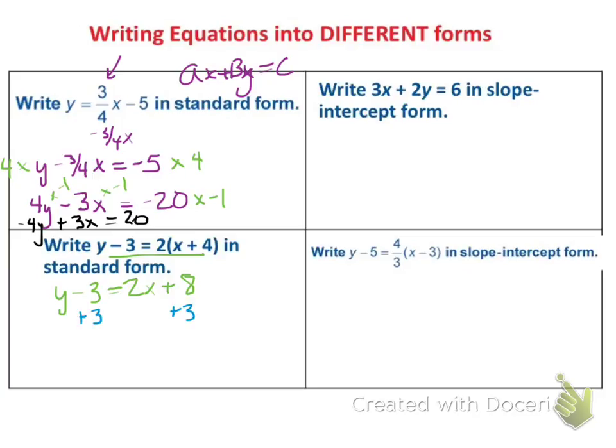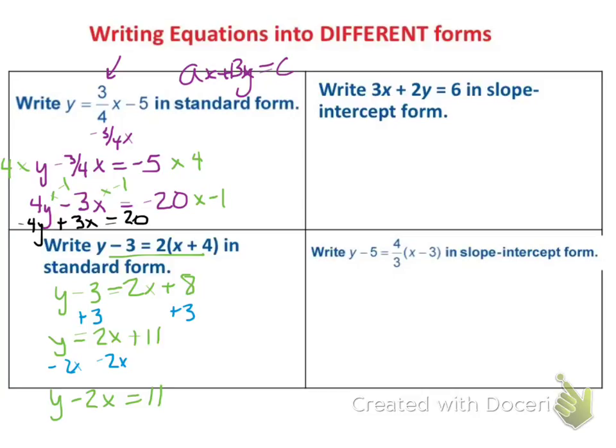That gives me y equals 2x plus 11. I need to subtract 2x from both sides there. Alright, so again, y minus 2x equals 11. Not too bad, right? Alright, let's try this one.